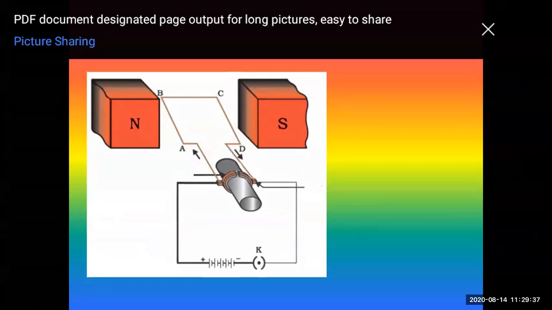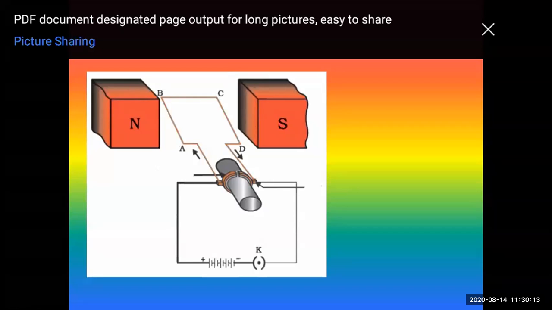According to Fleming's right hand rule, which I just explained to you, electric current is produced in both the branches AB and CD, in the direction from A to B and from C to D. So the current flows in the direction A, B, C, D. In the external circuit, the current flows from B2 to B1.